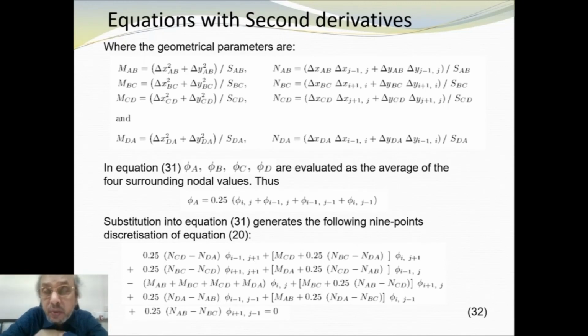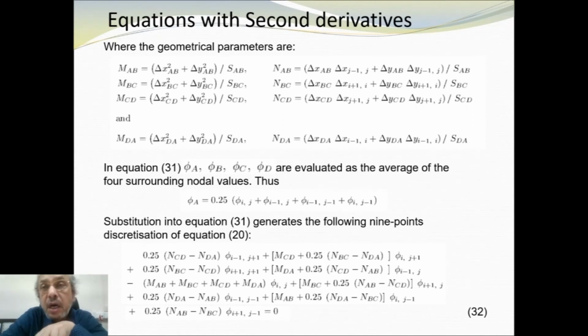Ij is a node of interest, I plus 1j, I minus 1j, ij plus 1, ij minus 1, I plus 1j plus 1, then I minus 1j, I minus 1, j minus 1, then I plus 1, j minus 1.